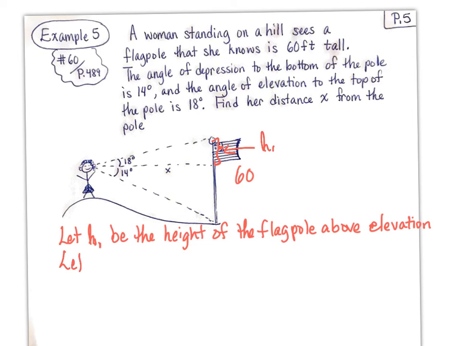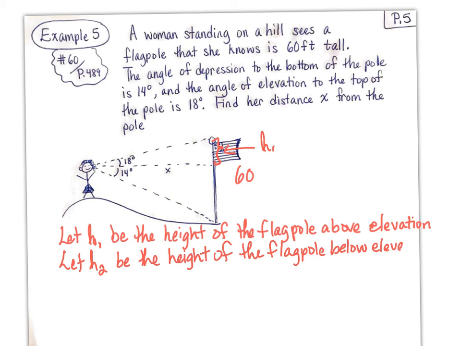Good. Let H2 be the height of the flagpole below elevation. So this portion here is H2.